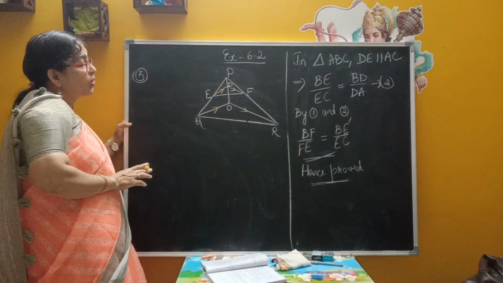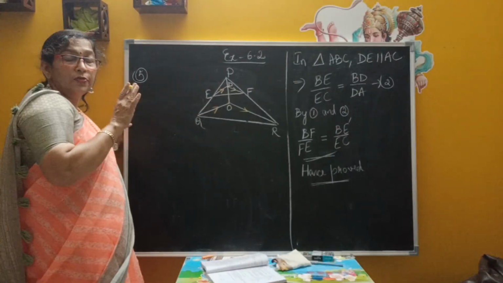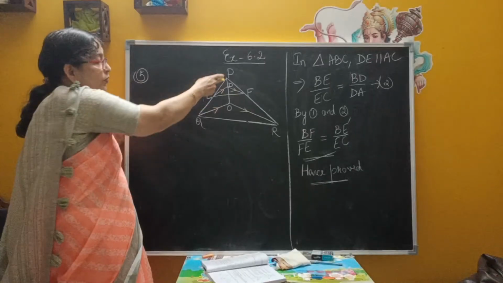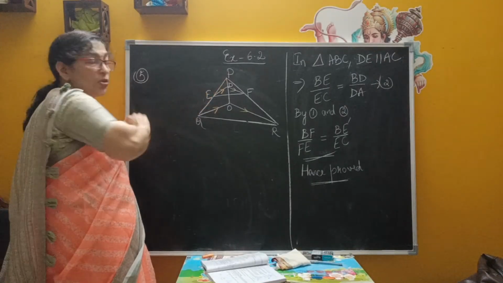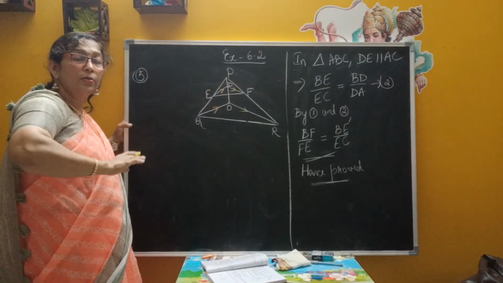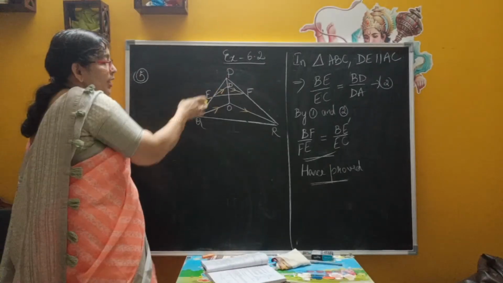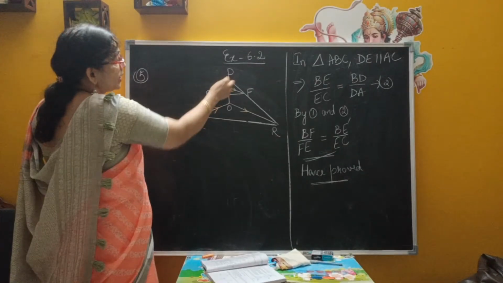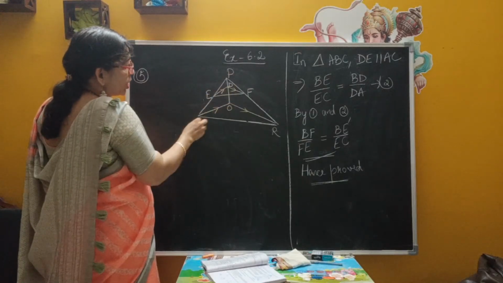Okay. So what do you do now? To prove the converse of the Thales theorem, what do we need? We need to first find whether the ratios are equal. So our work now is to prove the ratios are equal. How do you prove now? So take the triangle, which one? POQ.